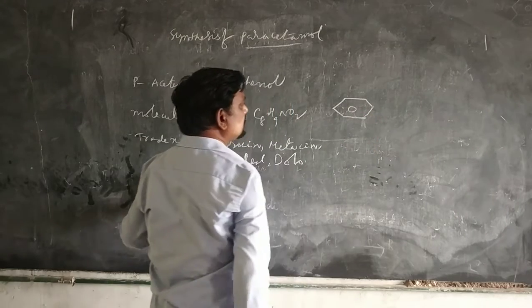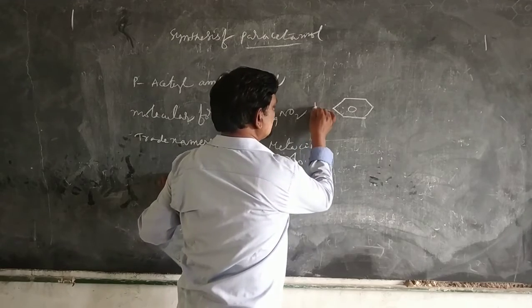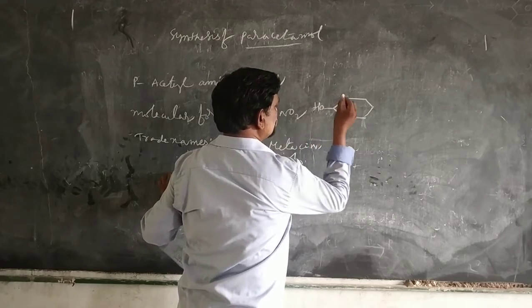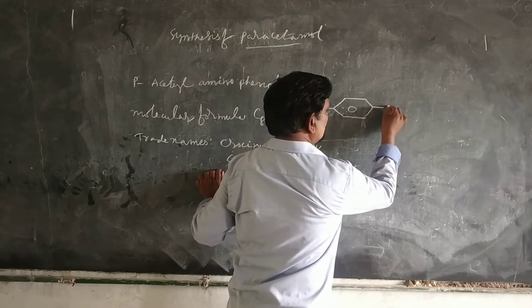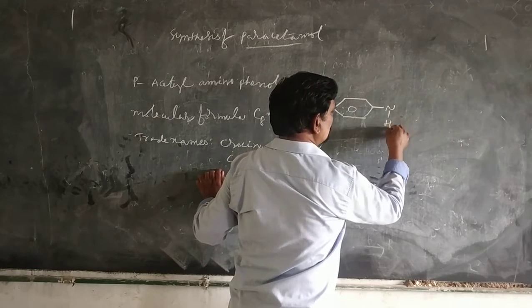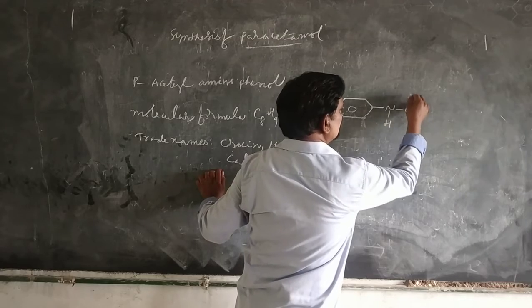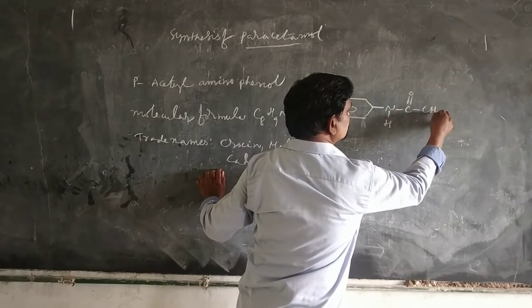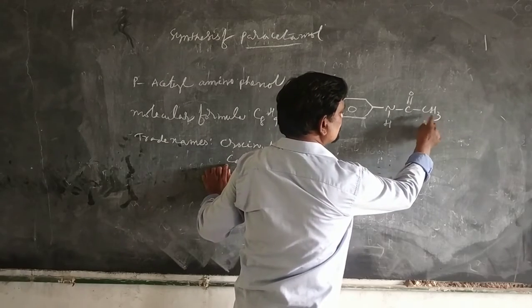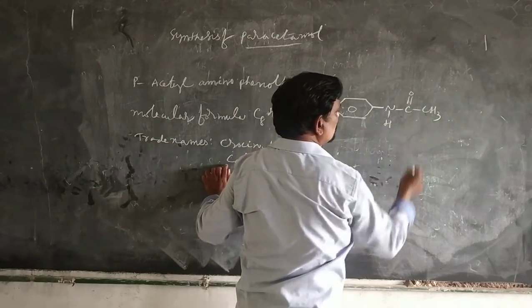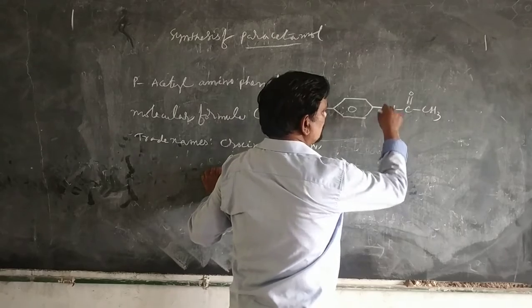This is a benzene ring, attached to an OH group in this position, and at the para position attached an amino group and acetyl group. So CH3CO is the acetyl group and NH is the amino group.